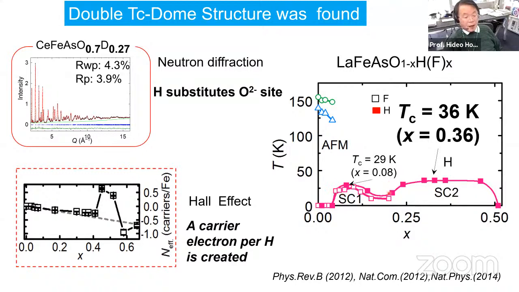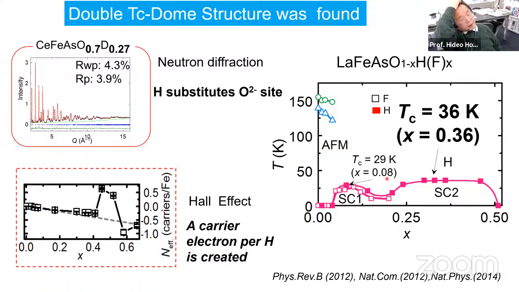The previous maximum carrier concentration was almost 20%, so it was almost like a single Tc dome. But in reality, we found two dome structures, and this dome is much wider than the previous one. But anyway, H⁻ doping, substituting O²⁻, is the new way to dope electrons to the oxide.